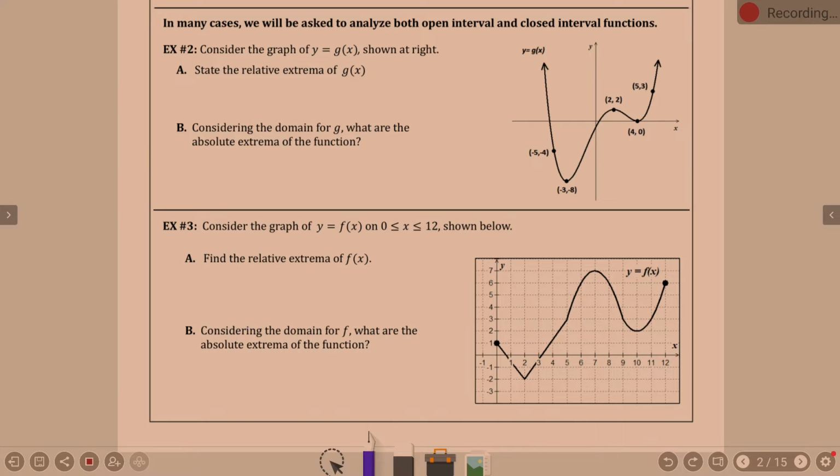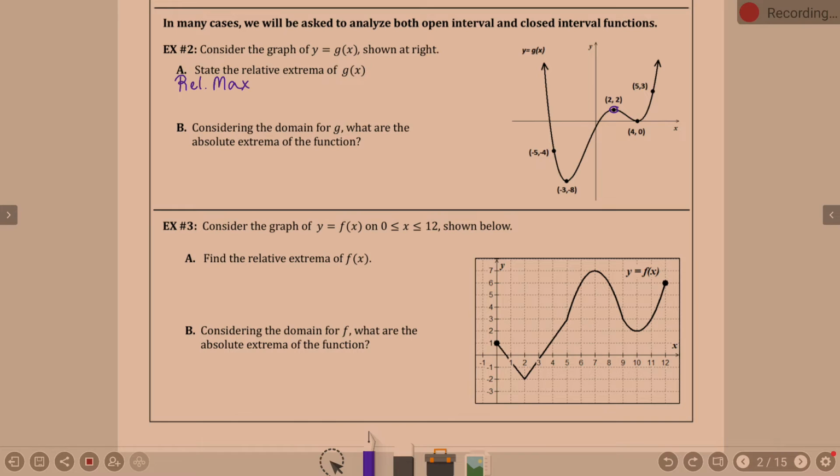Relative extrema? Give me one. 2, 2. Okay. 2, 2. What is that? That is a relative max.